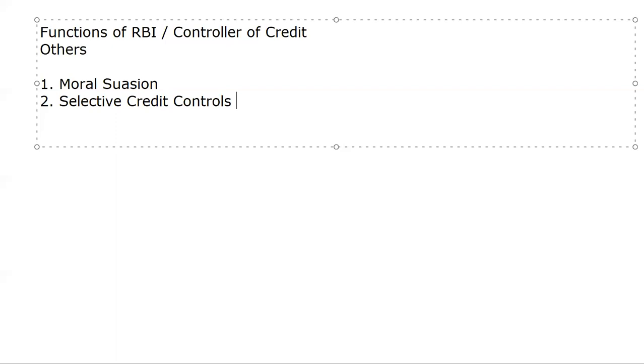Okay, this method can be applied in either a negative or a positive manner. In the positive manner, it means using measures to channelize credit to priority sectors. The priority sectors include small scale industry, agriculture, exports, etc. In the negative manner, it means using measures to restrict the flow of credit to a particular sector. So this is known as selective credit control.